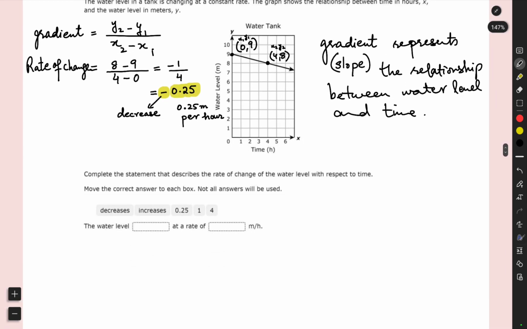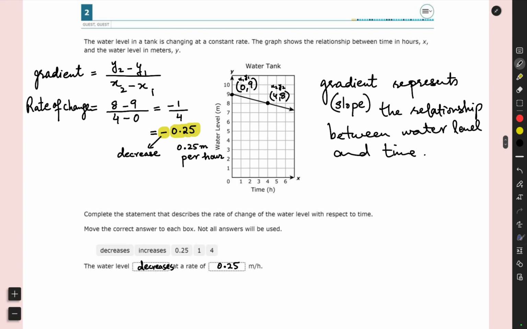So the answer to this part is that the water level decreases at a rate of 0.25 meters per hour. That is our answer. Thank you.